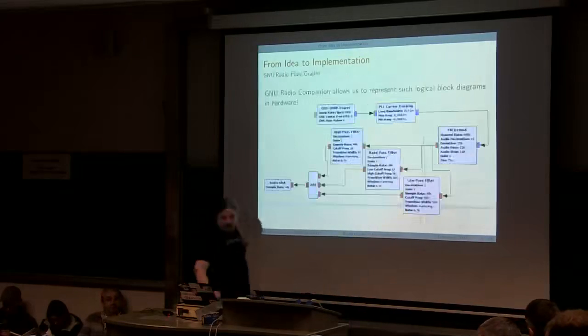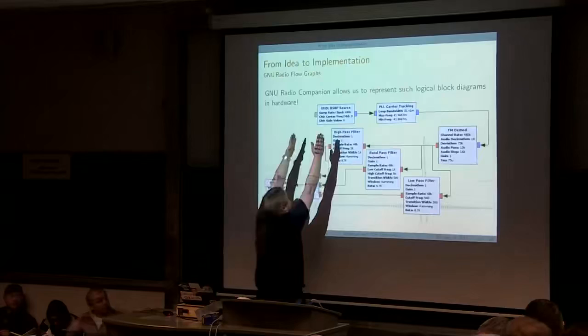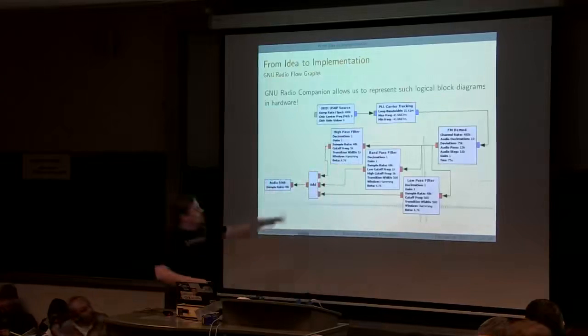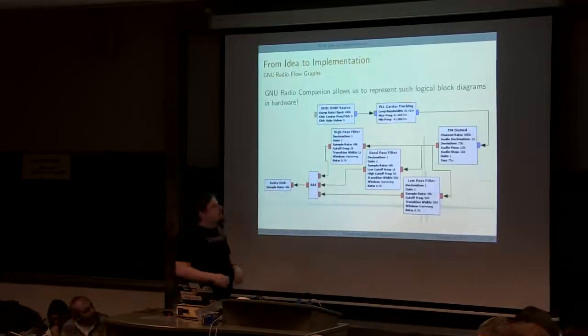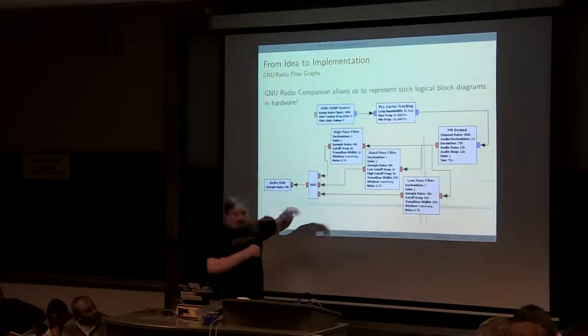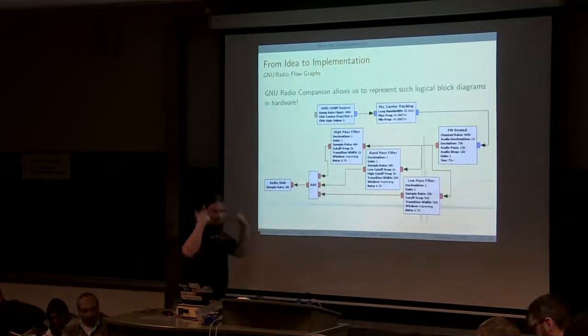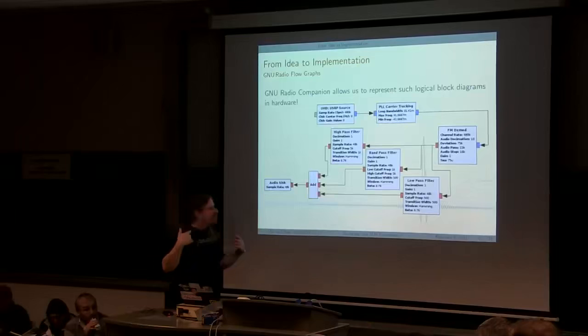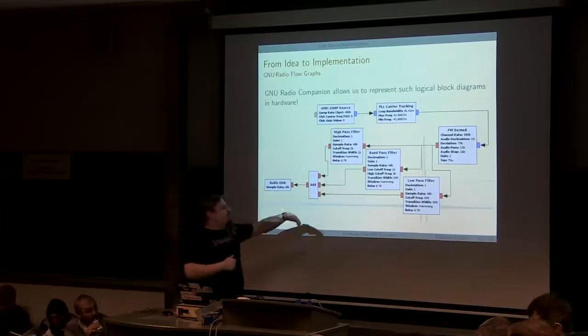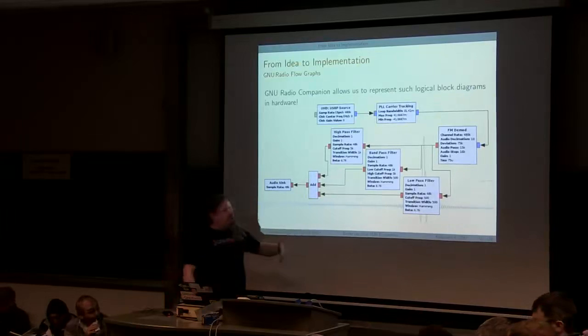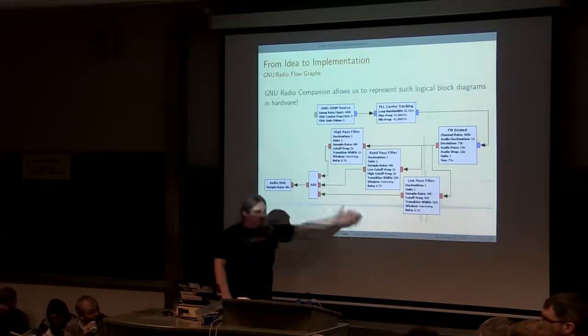So this is all encapsulated by the hardware source, and the next thing is the carrier tracking. Then we have the FM demod. This maps one-to-one to the logical blocks that you have in mind when you're designing that system. Okay, then you have, I built an equalizer that I could explain in 4 to 5 sentences.